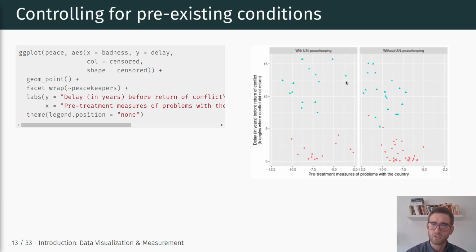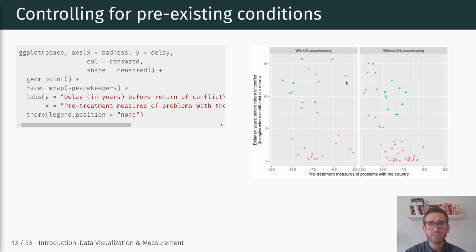There's no selection towards easy cases. So the concern that this confounding factor jeopardizes our inference about the effectiveness of UN peacekeeping missions is alleviated to some extent based on these additional analyses, okay?